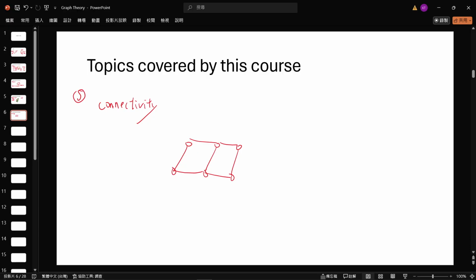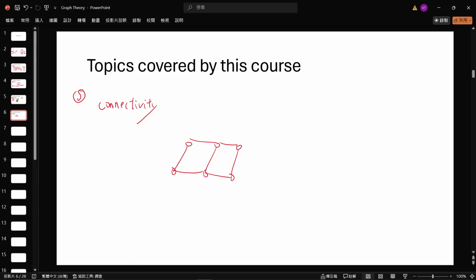So for example, if you want to separate or disconnect the graph, what is the least number of vertices that you have to remove to achieve your goal? If you only remove one vertex, say this one, by removing a vertex, you also remove the incident edges.